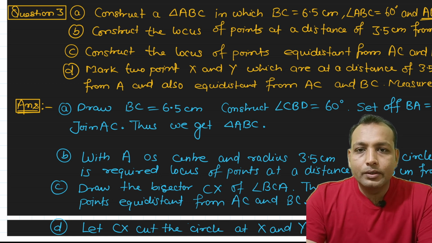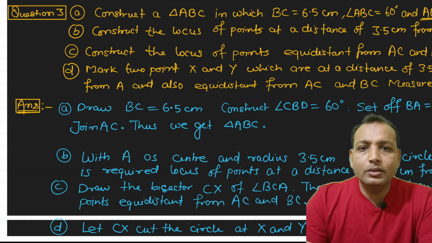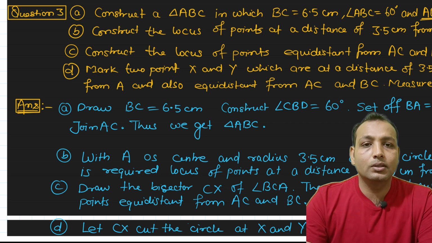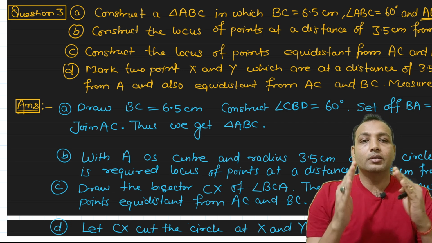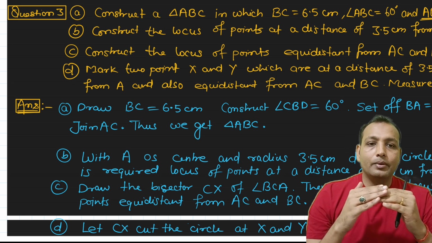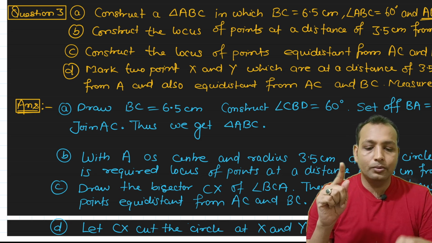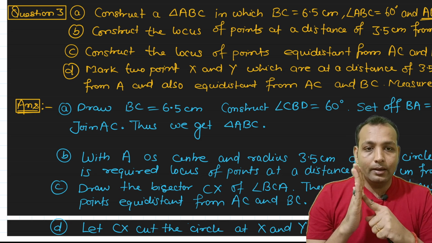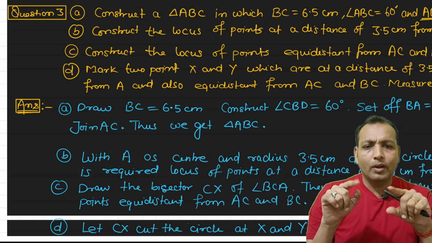So here you can see another question we have: construct a triangle ABC in which BC is 6.5 centimeters. How will the construction happen? For this construction you need a scale, a protractor, a compass.